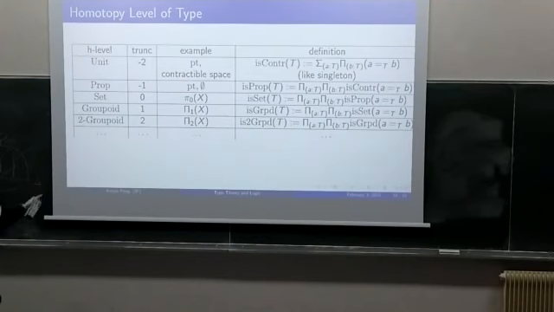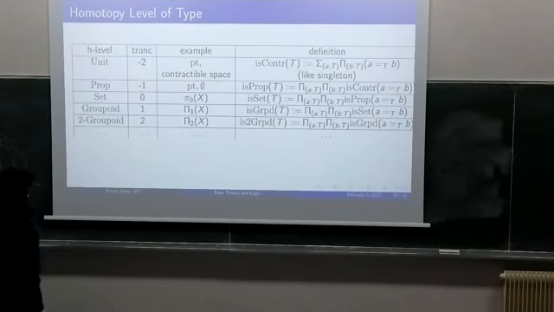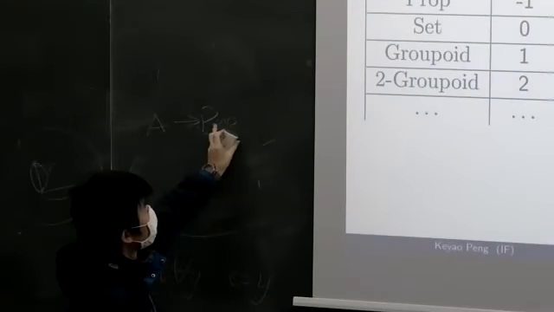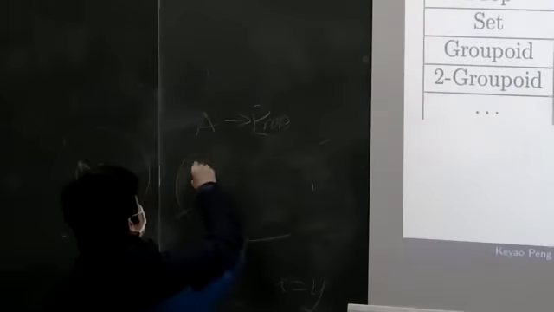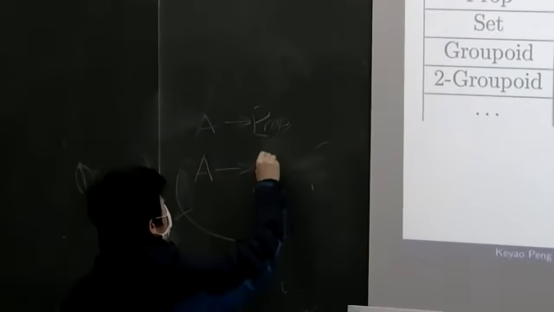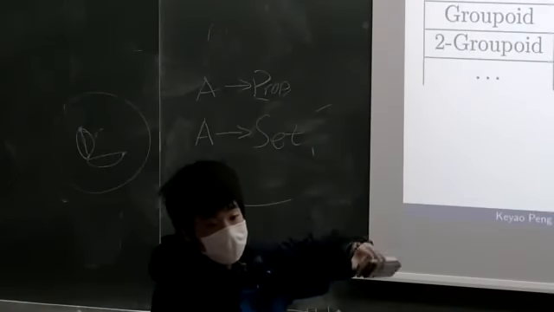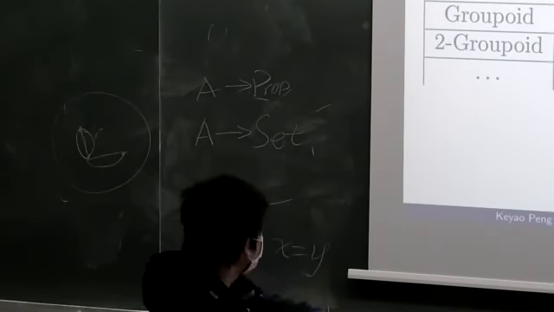And as we said, if you regard this as a classifying space, so like classifying A to prop will get all the subsets, the sub-objects. But if A to set, what we get may be the covering space, because the covering space is something whose fiber is a set.